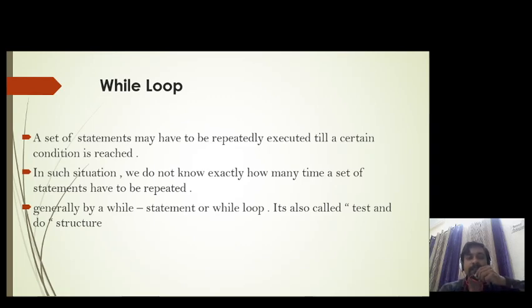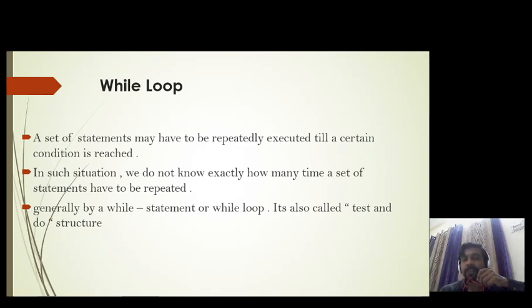Next we check the while loop. With the while loop, a set of statements is repeatedly executed till a certain condition is reached. In a situation where we do not know exactly how many times the set of statements has to be repeated, in this particular scenario we go for the while loop. Generally the while loop is called a test and do structure.